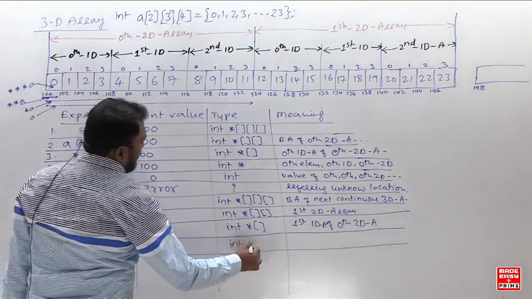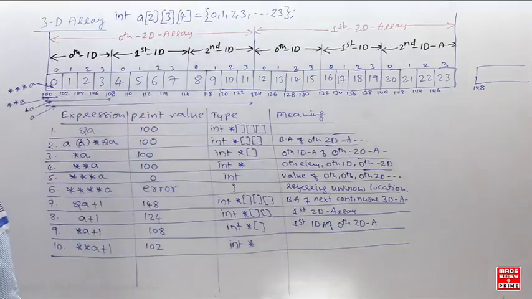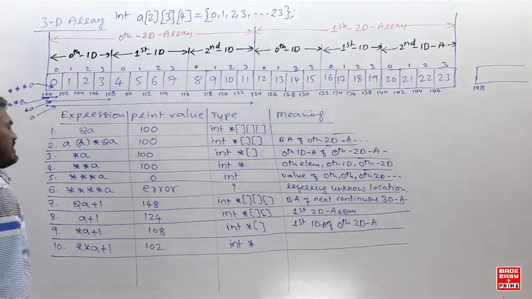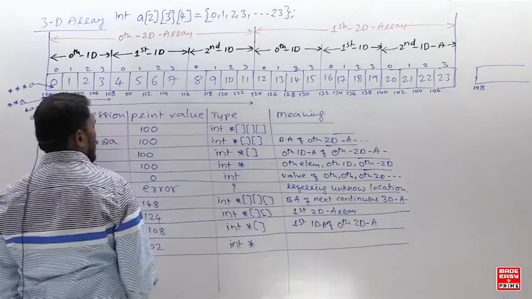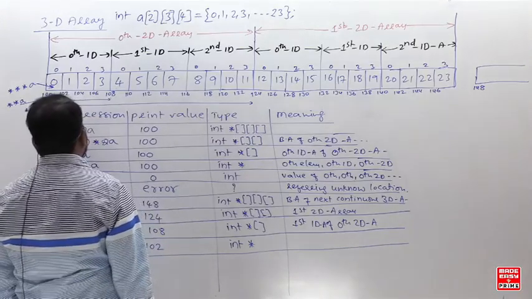It is pointing to an element, so the type is int star. What is the meaning here? The base address of the first element.